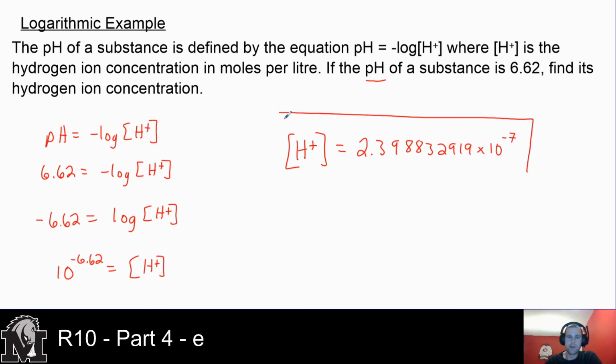Again, they'll probably give you a certain number of decimal places they want you to go to for this. But I wrote them all out, and it's important that you look all the way to the end of your calculator, because my calculator had all these decimal places, and then it had this E negative 7, and the E negative 7 refers to the 10 to the power negative 7. So important to make sure you're reading your calculator.